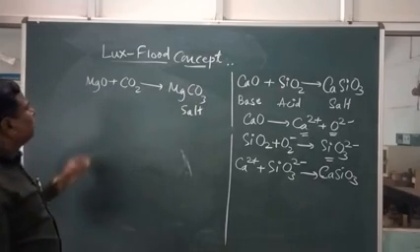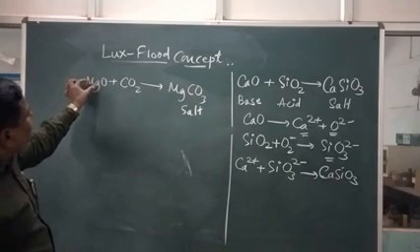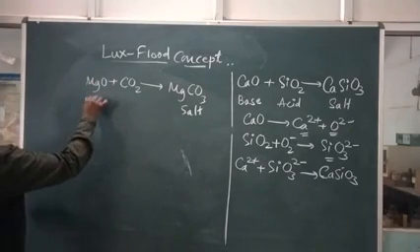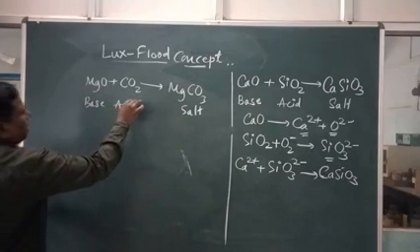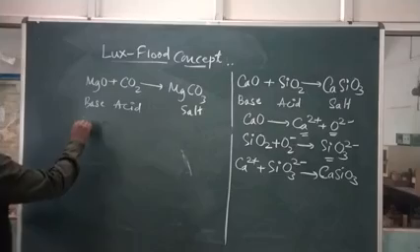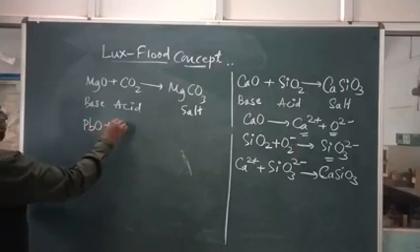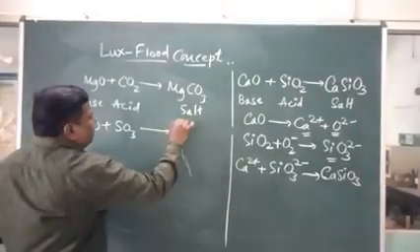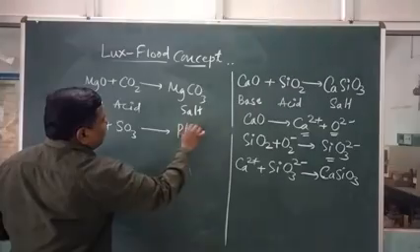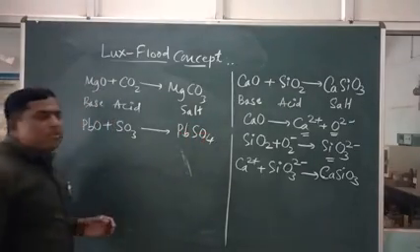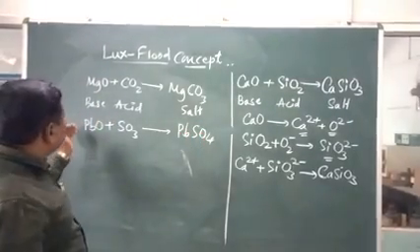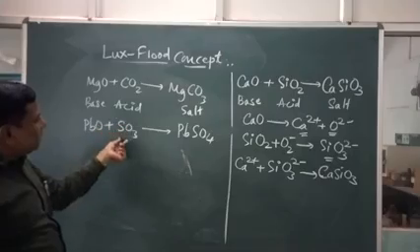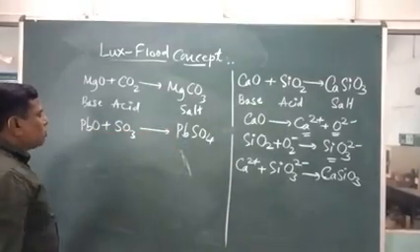Here the magnesium oxide is a donor, so it is the base, and CO2 is the acid. Again, suppose we take PbO plus SO3, which is converted into PbSO4. PbO is the base, SO3 is the acid, and the product is a salt.